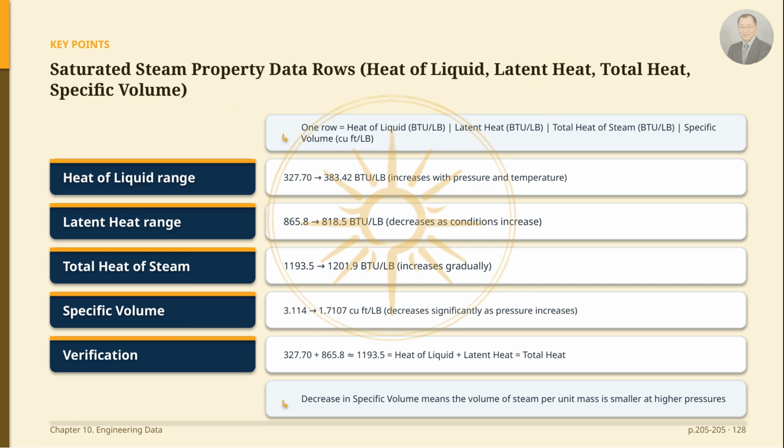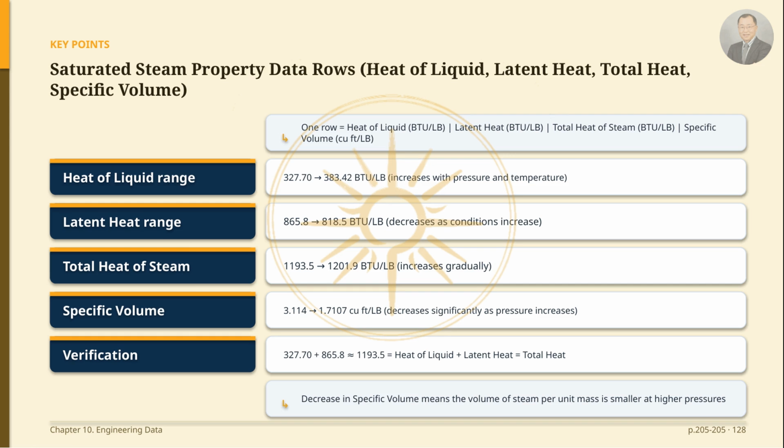The units for the first three are BTU/lb, and for specific volume, it is Ft superscript 3/pound. The sensible heat of liquid starts at 327.7 and gradually increases to 383.7. Conversely, the latent heat of evaporation gradually decreases from 865.8 to 818.5.